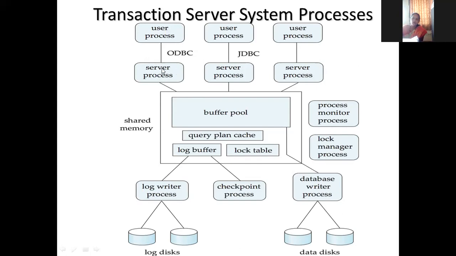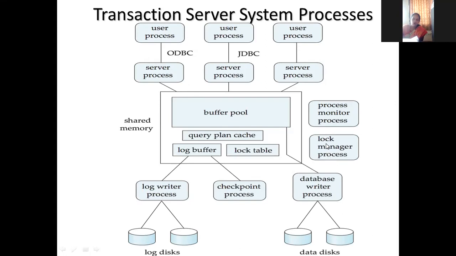So when you process that transaction, that request, different processes happen on the backend side. Which are those processes? The first process is the lock manager process.